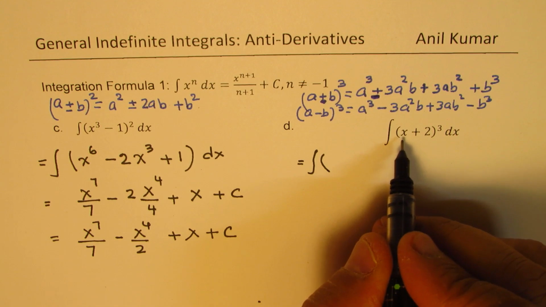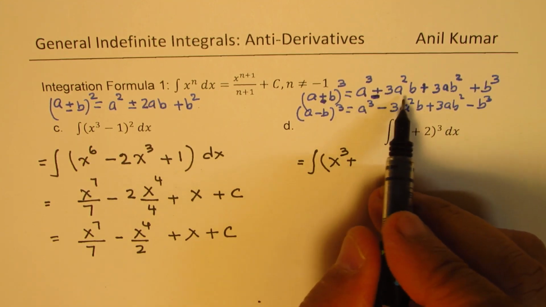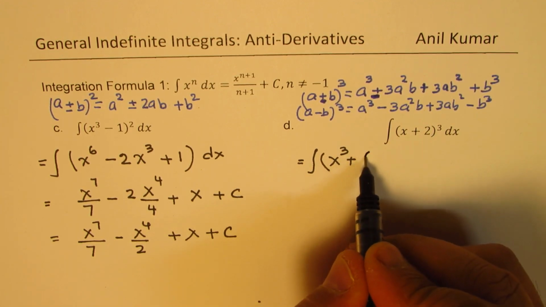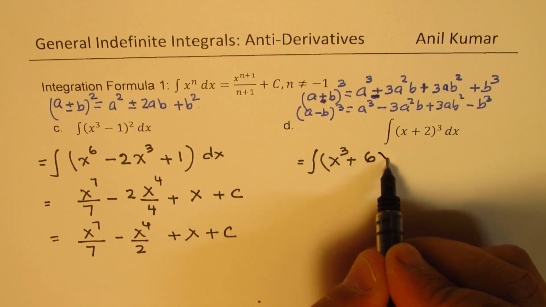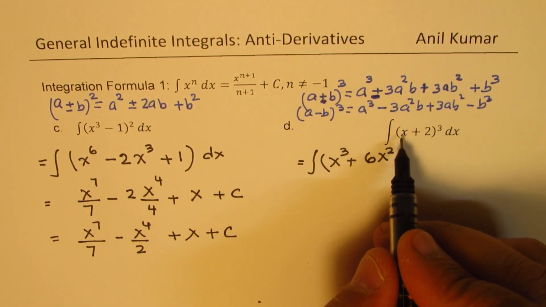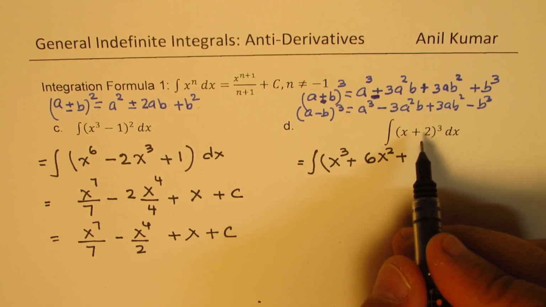So we get a cube, which is x cube in this case, plus 3a square b. Here b is 2, so 3 times 2 is 6. So we get 6x square plus 3ab square. So 3x, and b square is 4, so 3 times 4 is 12.